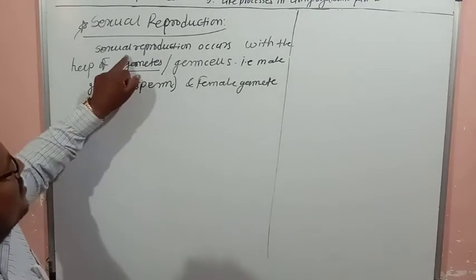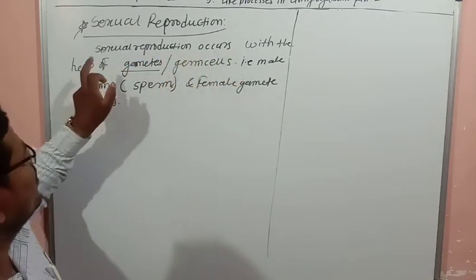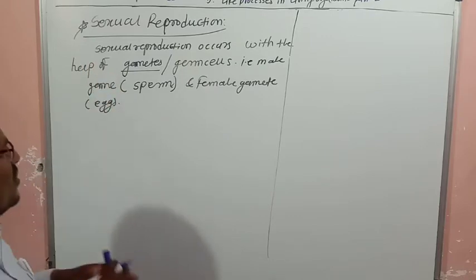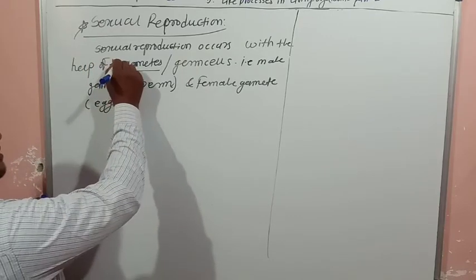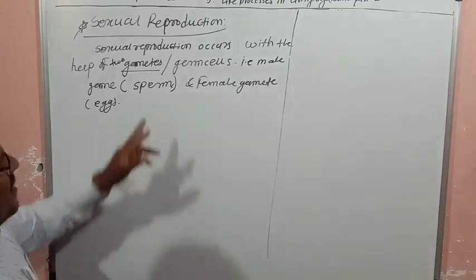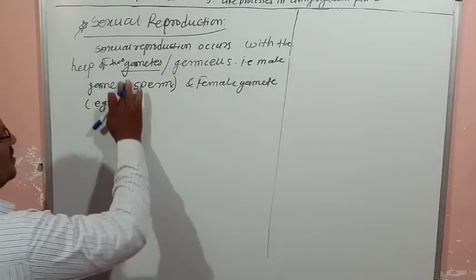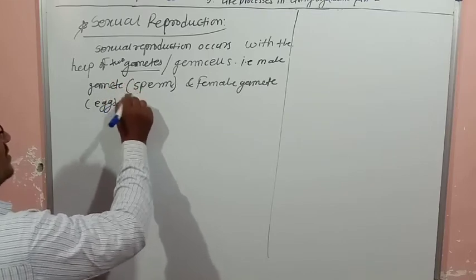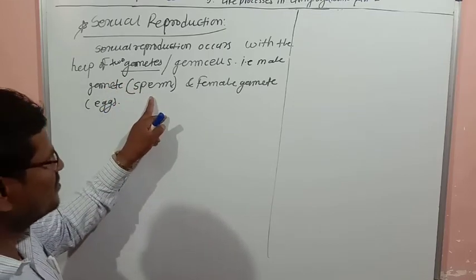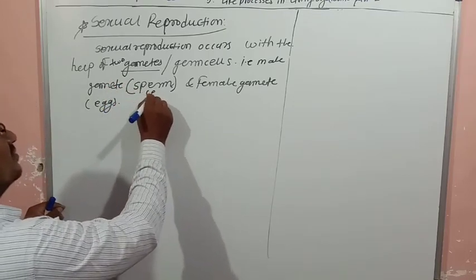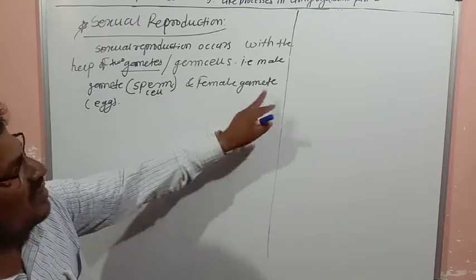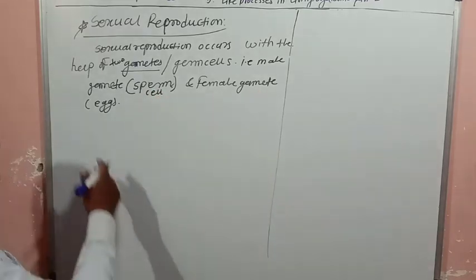So sexual reproduction occurs with the help of two gametes or germ cells: one is the male gamete, also called the sperm cell, and the other is the female gamete, the egg.